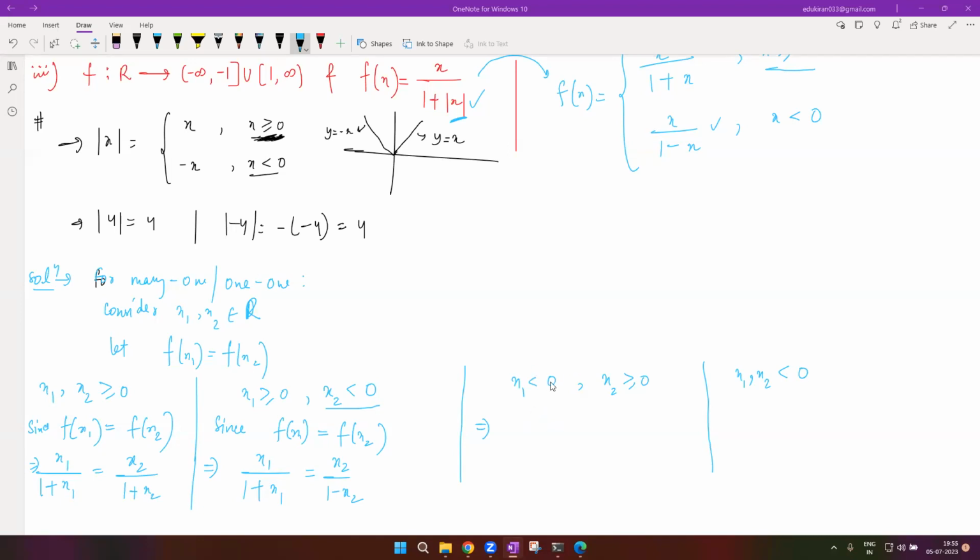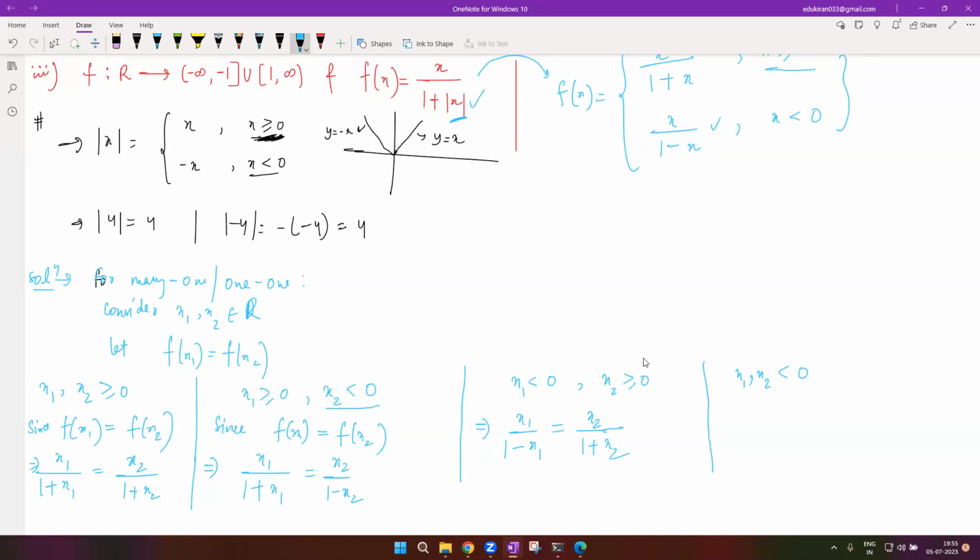Now, x1 is negative. So we will choose that equation which represents the expression for negative values. We have 2 expressions. This one is the one which represents negative values. So f(x1) in this case would become x1 upon 1 minus x1 is equal to x2 upon 1 plus x2.